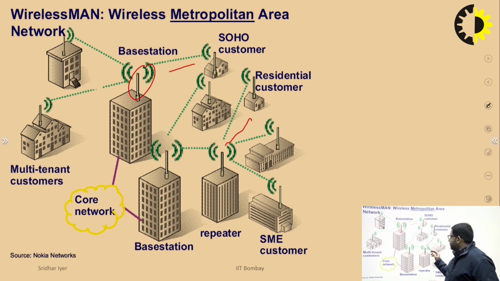Here we have installed a repeater to enhance the signal strength for long distance communication. These base stations are also connected to residential customers via some kind of antennas. So this is the basic idea of a wireless metropolitan area network.